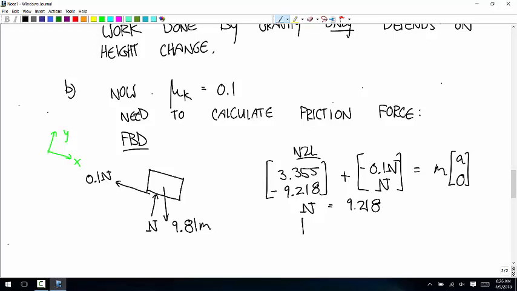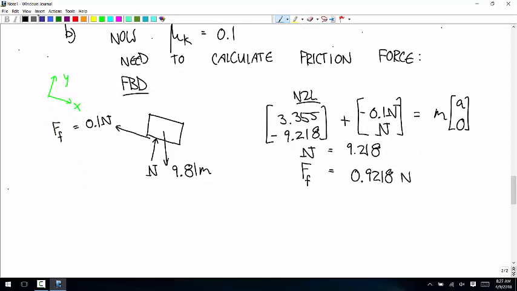And then we can calculate that the force of friction magnitude is equal to 0.1 times 9.218, so 0.9218 newtons. Just a magnitude.